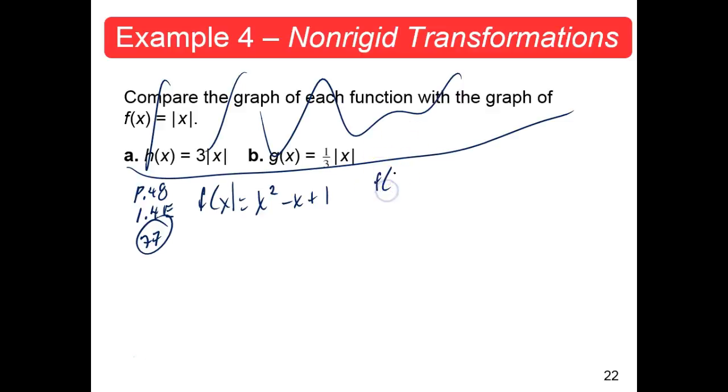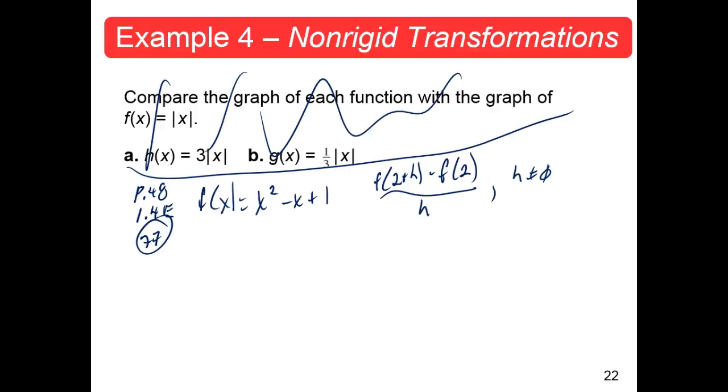F of 2 plus h minus f of 2, divided by h. That's the difference quotient they're looking for. And of course here, you have to understand that h cannot equal 0. It can get close to it, but it can't equal it. Okay? So that's the difference quotient you're looking for.